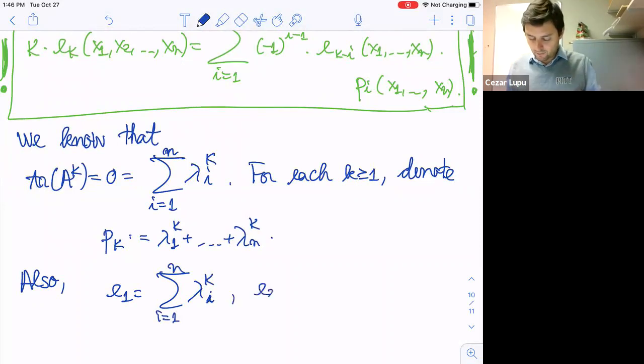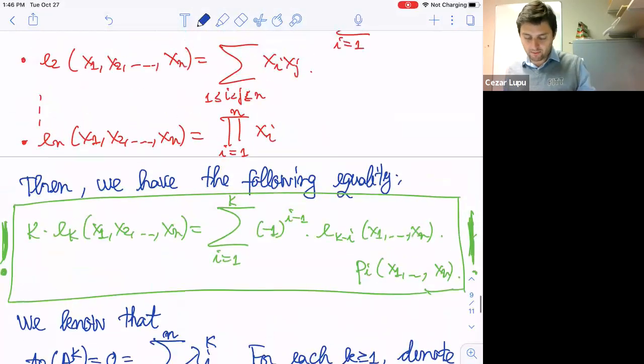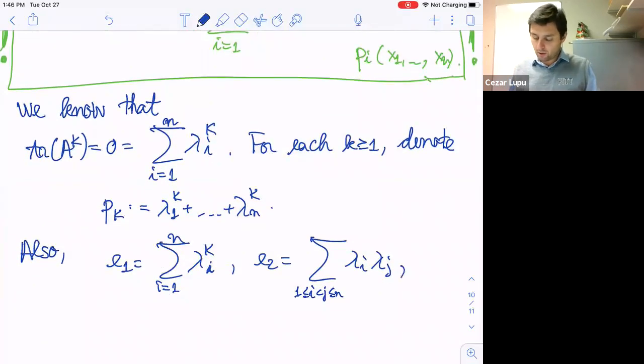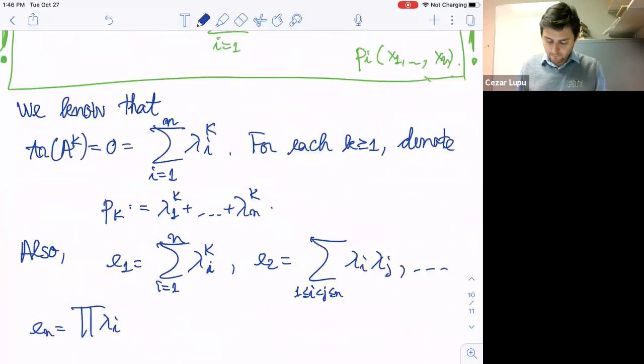What else? e2 will be, if we look above, the sum of lambda_i lambda_j, right? And we go all the way, the last one, e_n, will be nothing else than just the product. So these are symmetric polynomials, if you want, in variables lambda_1, ..., lambda_n.